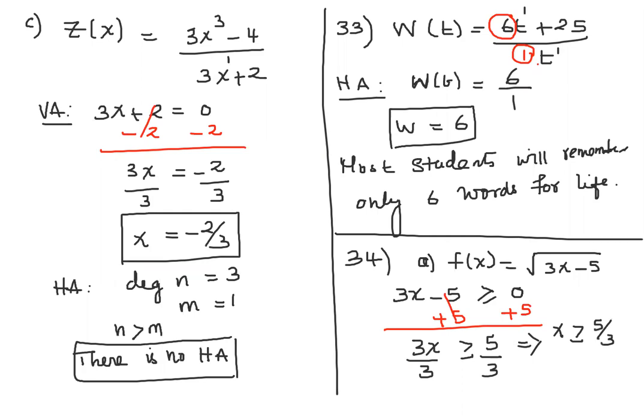And the question is, we have to write them in interval notation. So this means 5/3 comma infinity. So the domain is 5/3 comma infinity. Part B, we are given f of x equals 2x squared plus x plus 10.